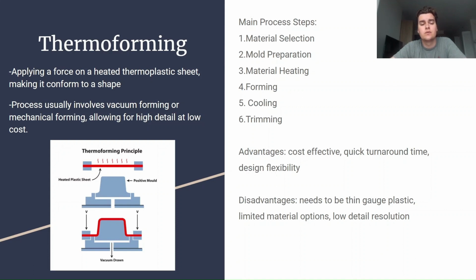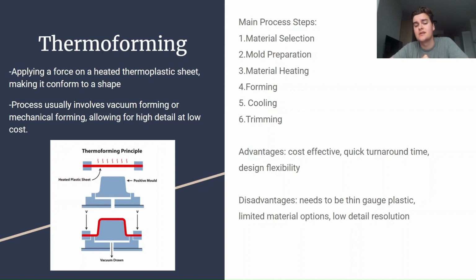Then the mold itself is prepared by either putting on a release agent to prevent sticking, or it's controlled thermally. Then the material itself is heated up uniformly to allow for manipulation of shape. It is formed using a force or a vacuum. Then it's cooled and the excess is trimmed off.